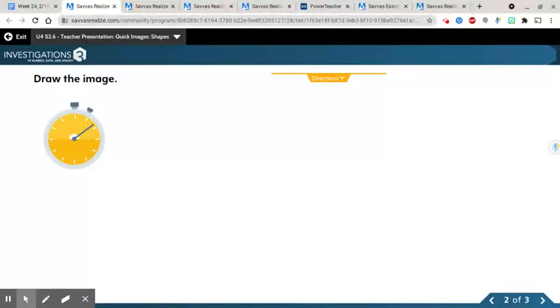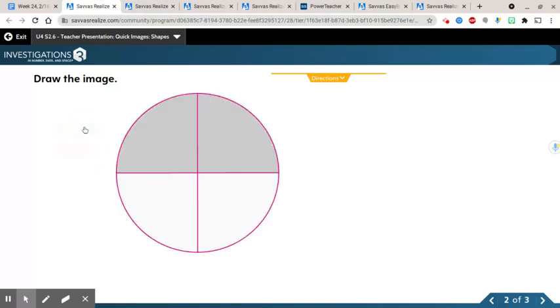Think about what you've drawn and think about how you can describe it. Use words to describe what you drew. I would describe this as a circle, but this time there's 4 equal parts. And this time 2 of the parts are colored in.